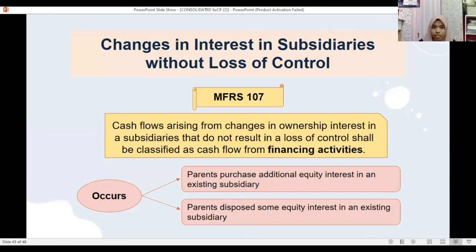Change in ownership interest in subsidiaries not involving loss of control may occur when the parent purchases additional equity interest in an existing subsidiary, or the parent disposes some equity interest in an existing subsidiary without loss of control. The effects of the change in the interest are accounted for as an equity transaction between parent and NCI, and it will be taken in the statement of change in equity.